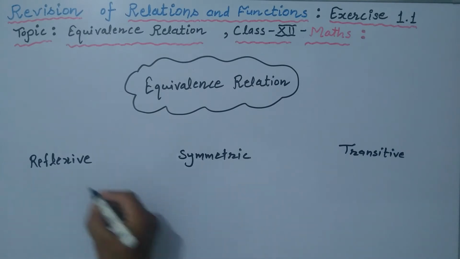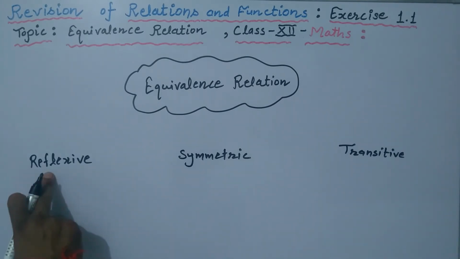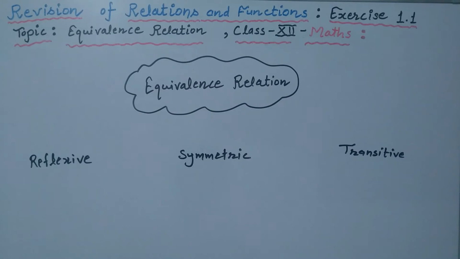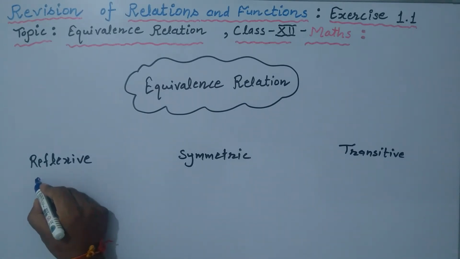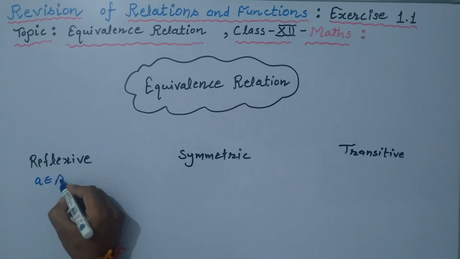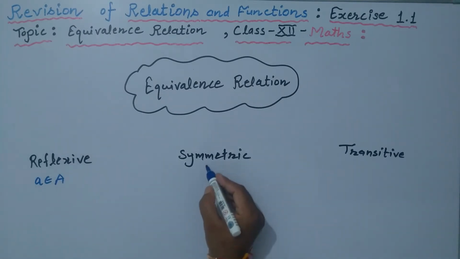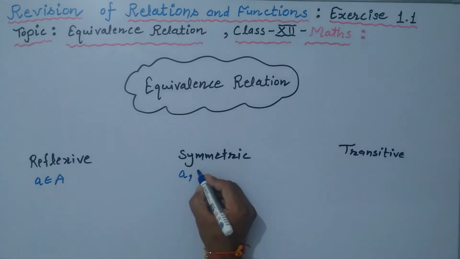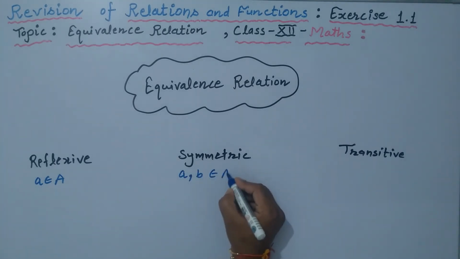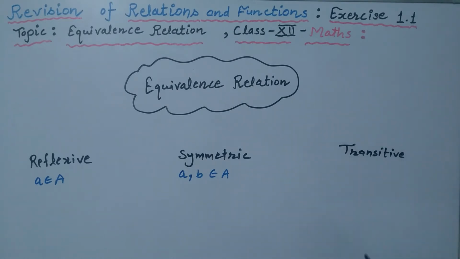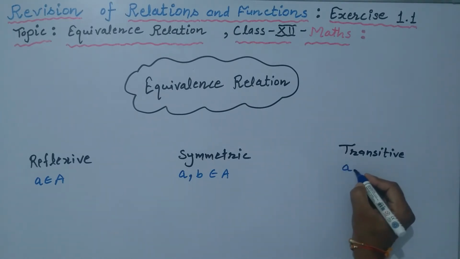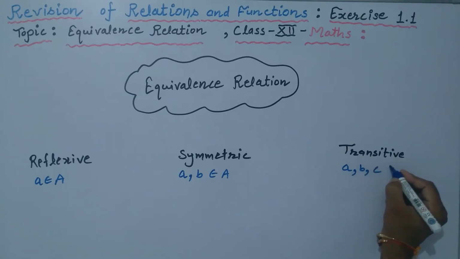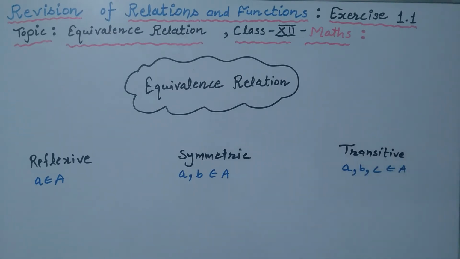First of all, taking reflexivity, we take any one element which belongs to set A. For symmetry, we take two elements a, b which belong to set A. In the transitivity case, we take three elements a, b, c which belong to the set where the given relation R is defined.